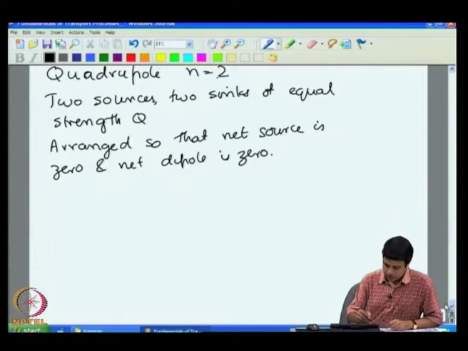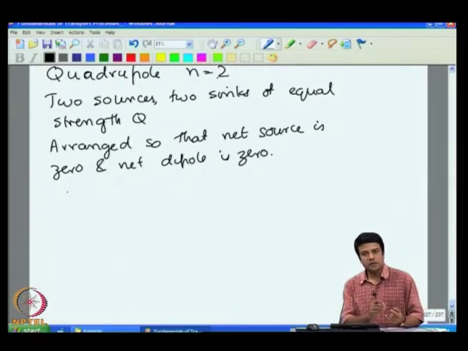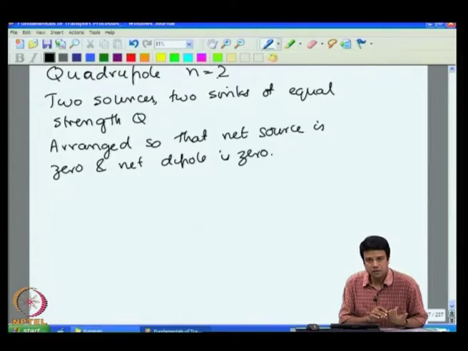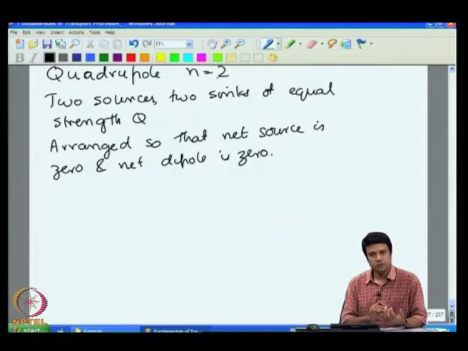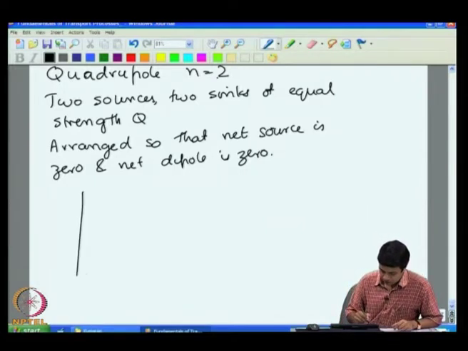So, for example, in this case for n is equal to 2, m can vary between -2 to +2. So, there are 5 solutions for m: -2, -1, 0, +1 and +2. These 5 solutions have the following forms.